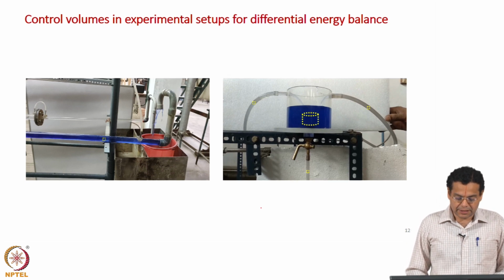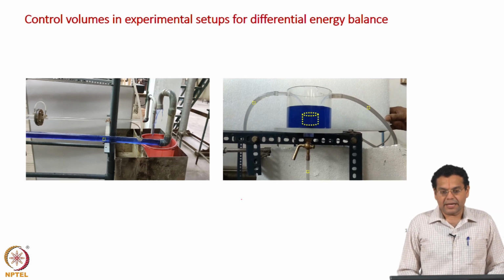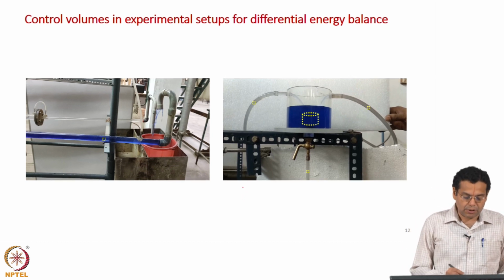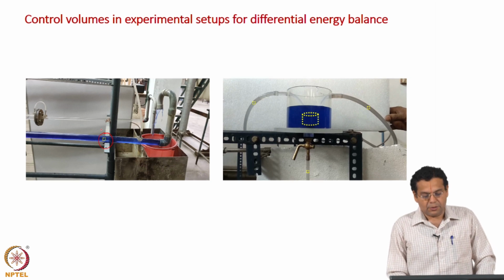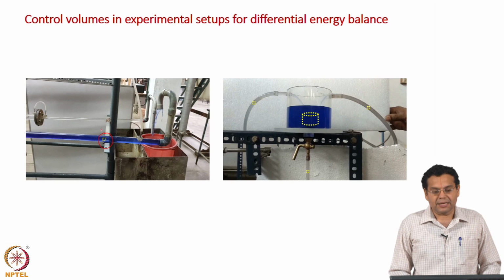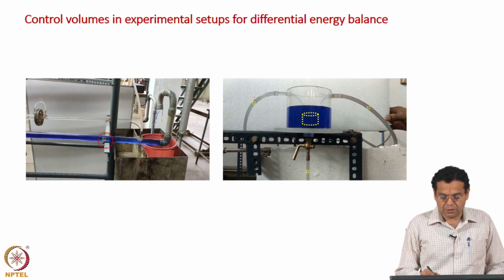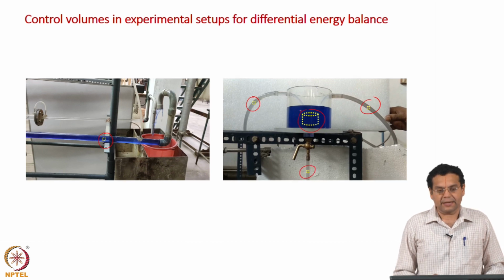In the case of the pipe and in the case of the tank, we take a small control volume inside the domain, and that is what is shown by the yellow color region in both the experimental setups. And so, these are our control volumes, they are inside the domain, it could be in the pipe, it could be in the tank.